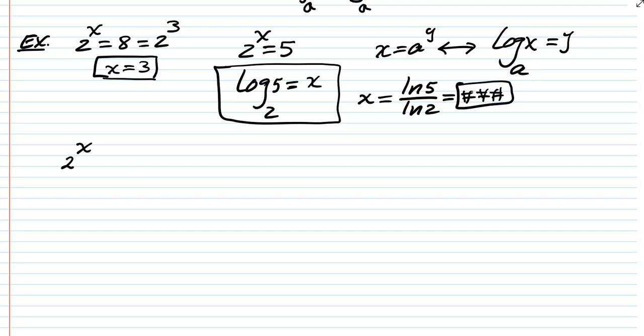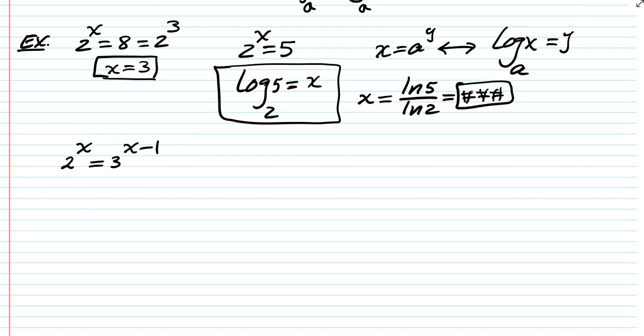This one's slightly more elaborate. I'm going to look at the type where there is no common base, because the ones with a common base are fairly straightforward and easy to do. Now, what if they look like this? Well, for something like this, I have two exponential functions, one on either side.